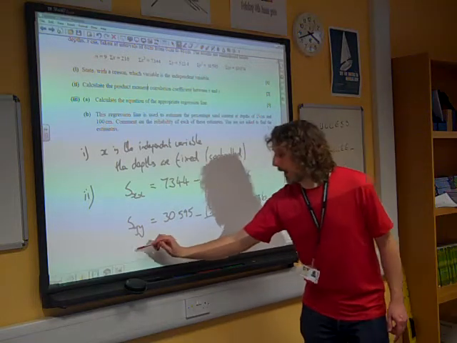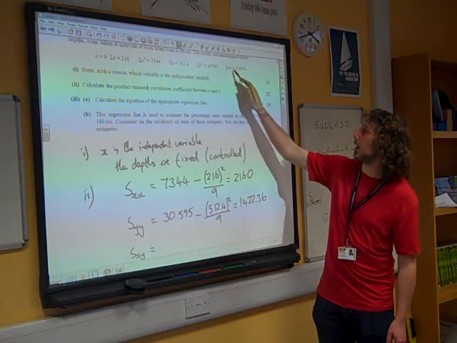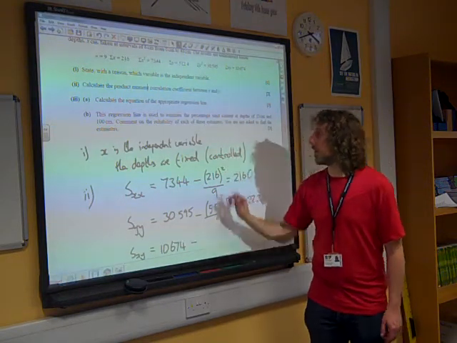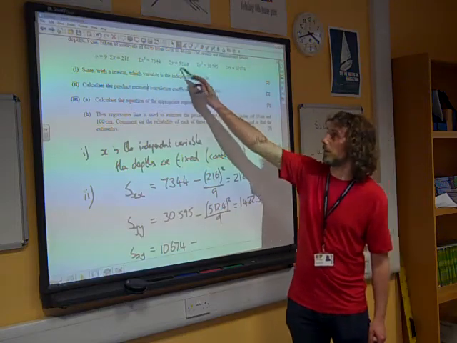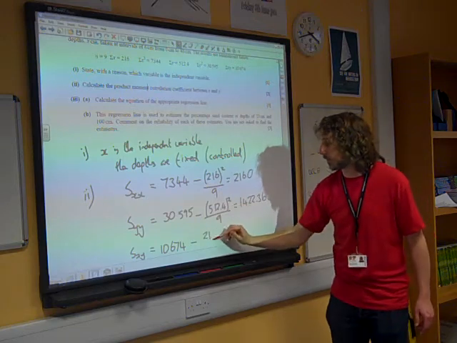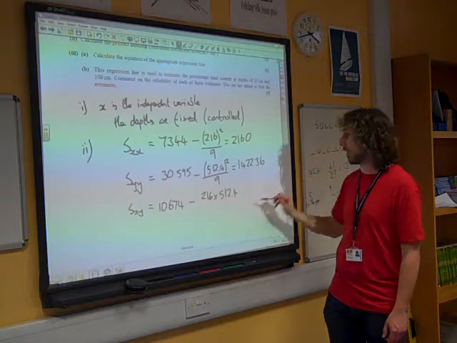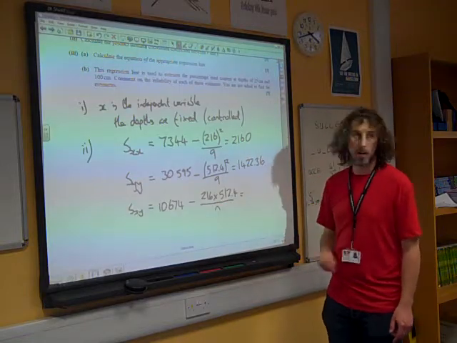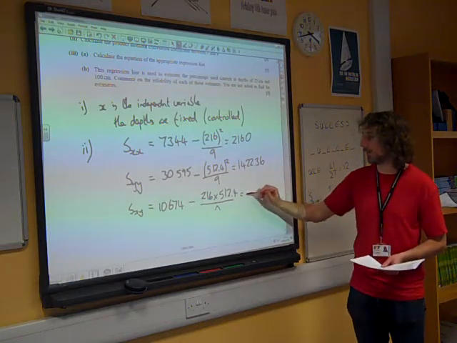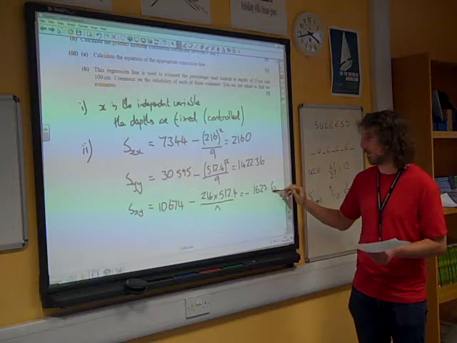And Sxy is sigma xy, so 10674. Minus, now remember this one, you're multiplying these two together, so it's 216 times 512.4, and we're still dividing by n, and that gives us a value of minus 1623.6.